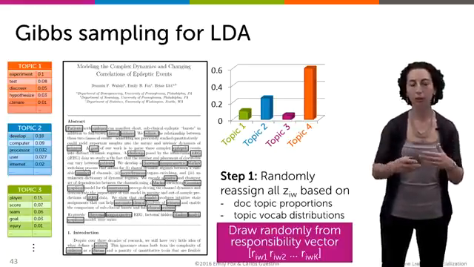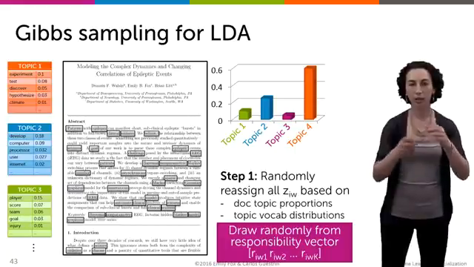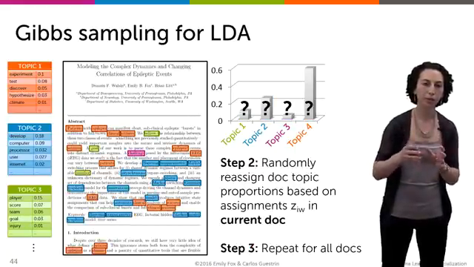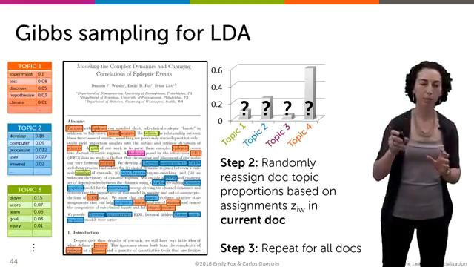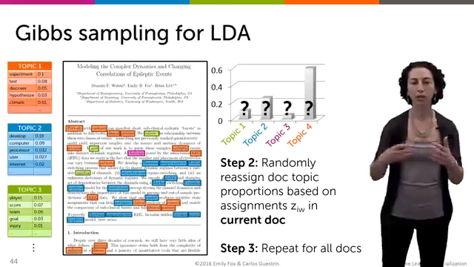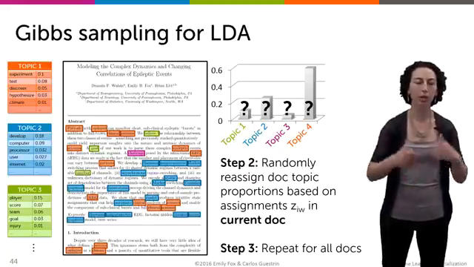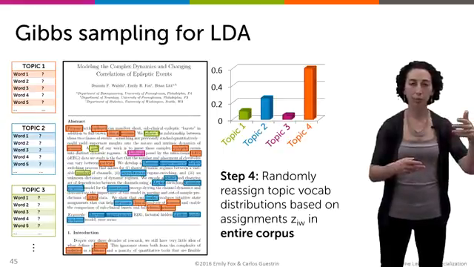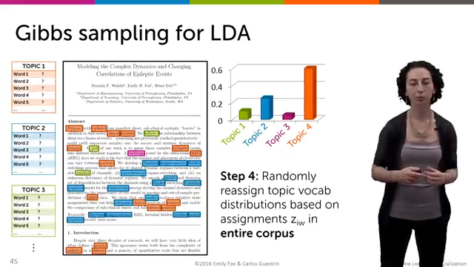So at first, we can think about randomly reassigning the topics for every word in a document, and then we can think about fixing these and sampling the topic proportion vector for that specific document, and then repeating these steps for all documents in the corpus. And then having fixed these values, we can think about resampling the topic vocabulary distributions.